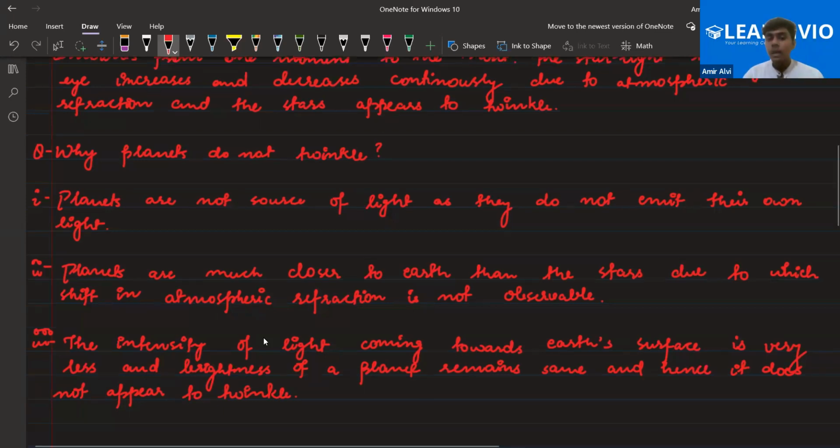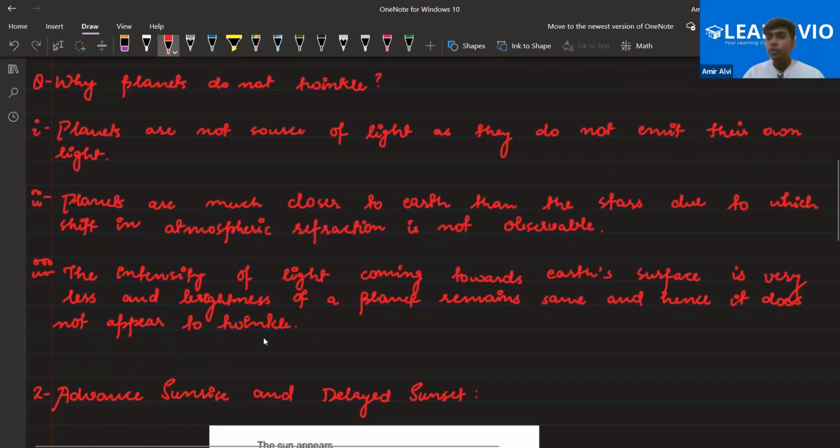Planets are much closer, but the intensity is very low. So that's why they do not twinkle at all. Clear, everyone? Any doubts so far to anyone? Please do let me know.